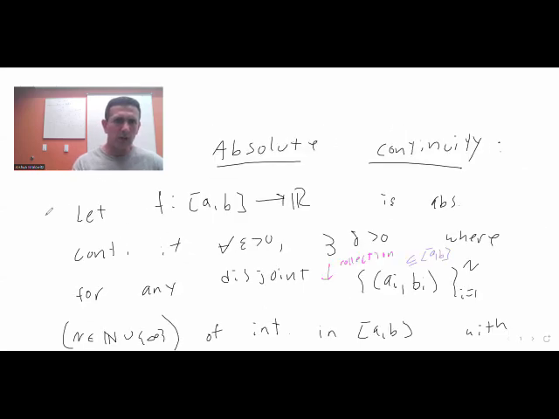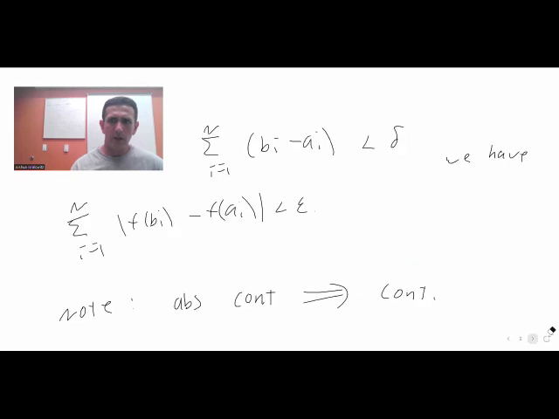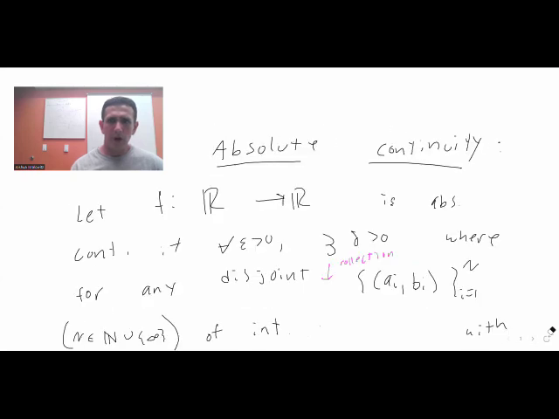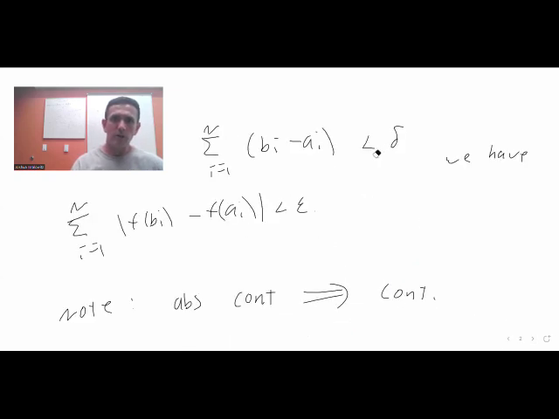Now, if this is on the real line, just replace this with the real line, and you don't really need any of this. And we have the definition of absolute continuity on the real line. So it's basically whenever you have a disjoint collection of intervals with this sum less than delta, we have this sum is less than epsilon.